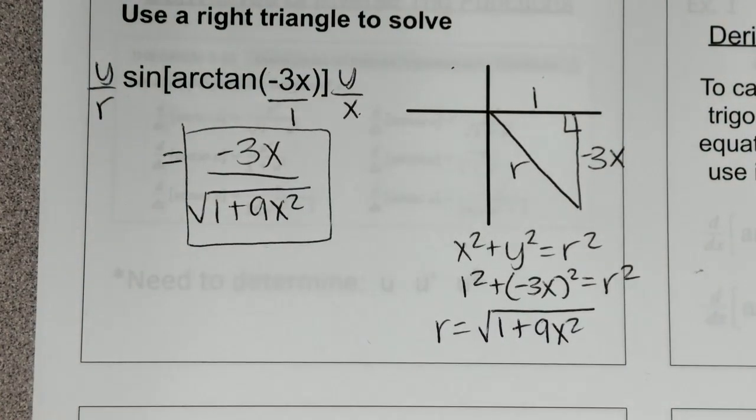Okay, so there's a reason that we reviewed that, because we're going to take this idea of the right triangle and use it to help us with our derivatives of our inverse trig functions. These are the last set of derivative rules that we need to study. I will tell you that BC learns them at the beginning of the year when they do all the derivative rules.